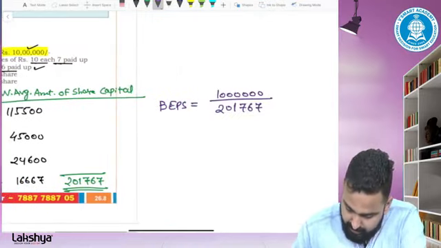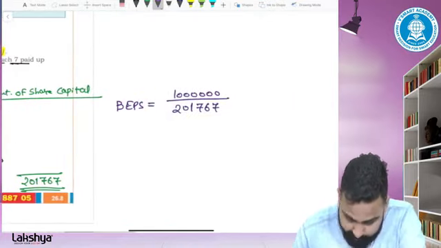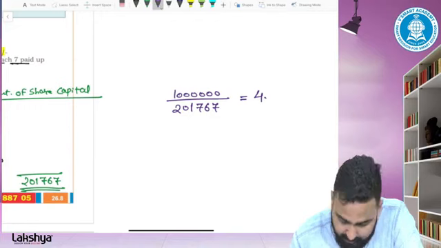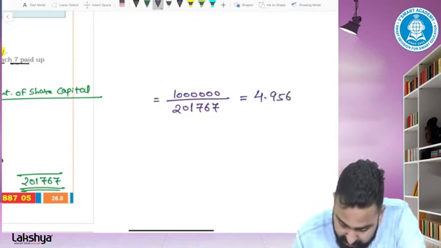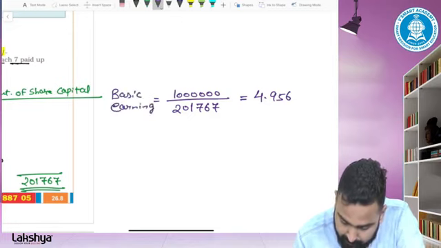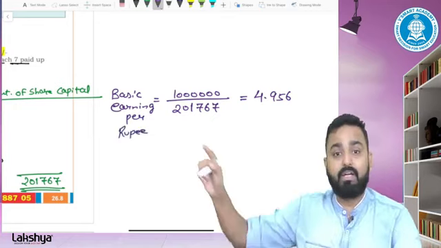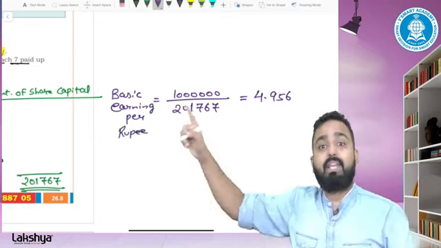It is 4.956. And what is it? It is basic earning per rupee. Now we call it basic earning per rupee.